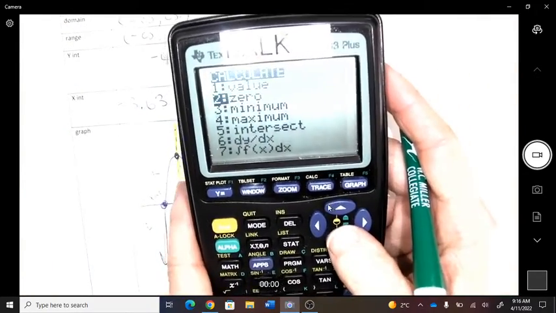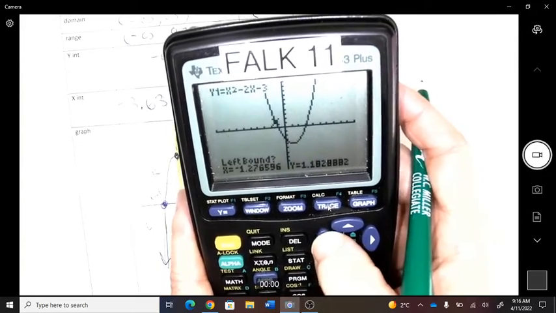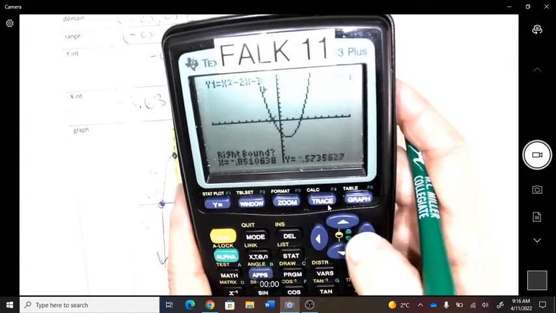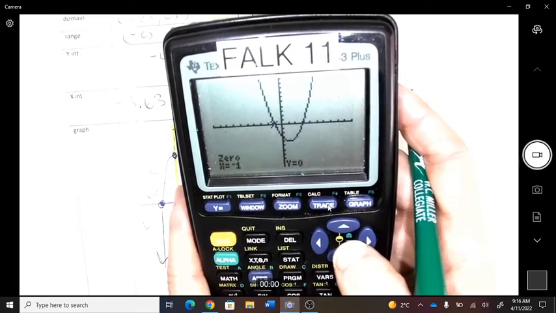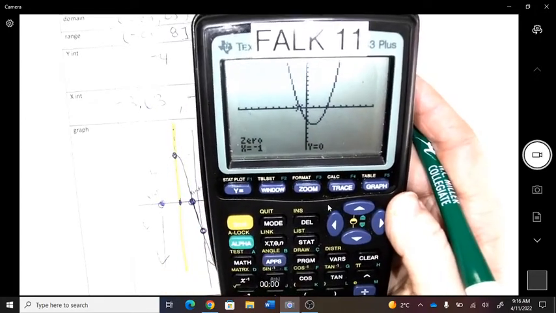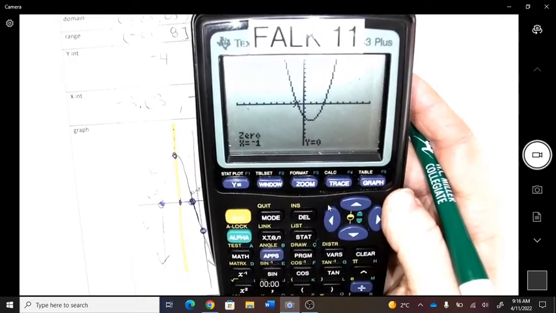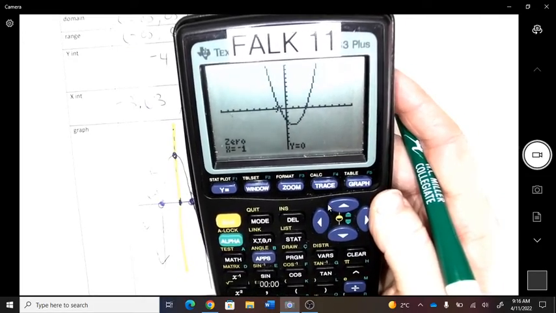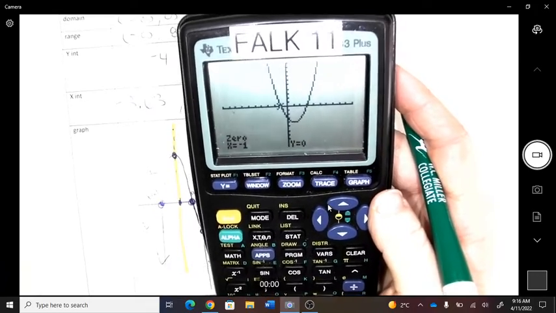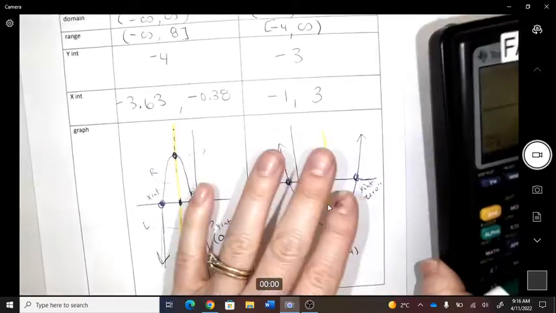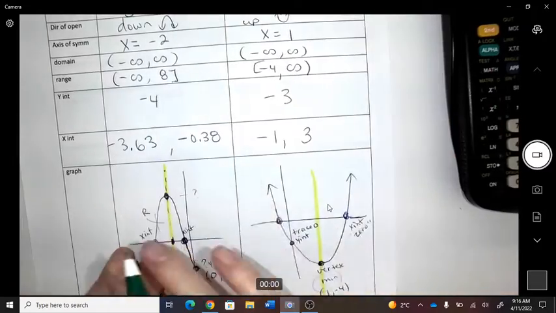Make sure you're picking the 0, left, enter, right, enter. Okay, so this was all the basics of the quadratics that you need to know.